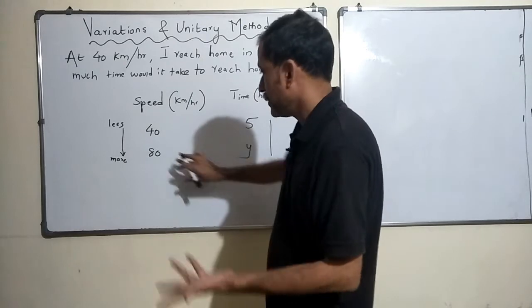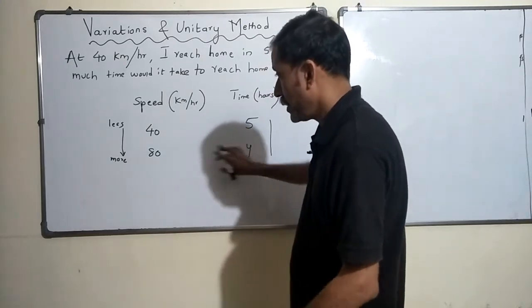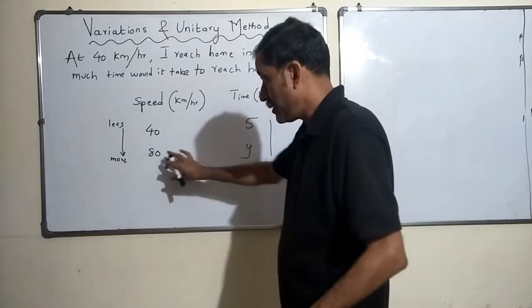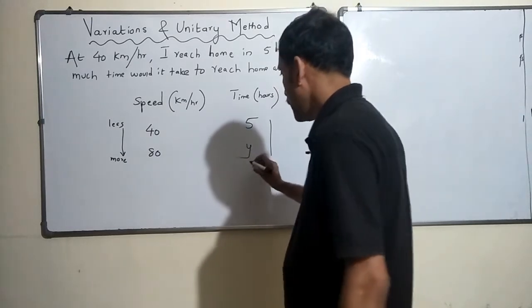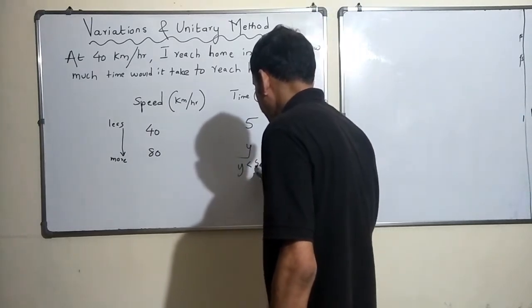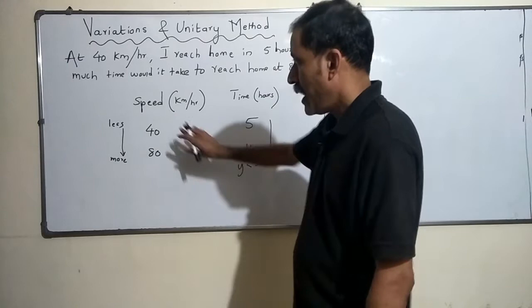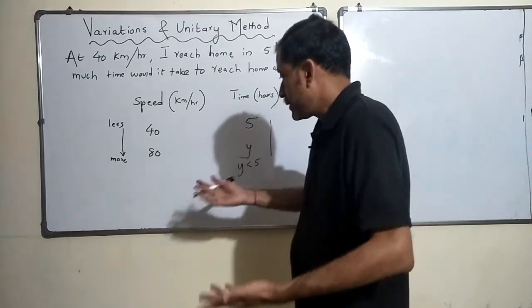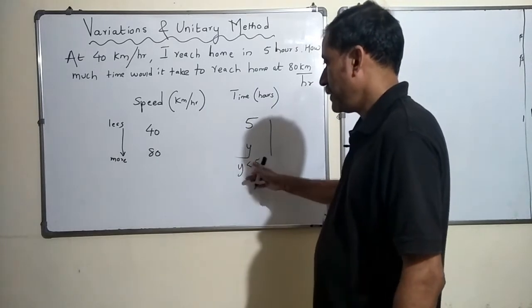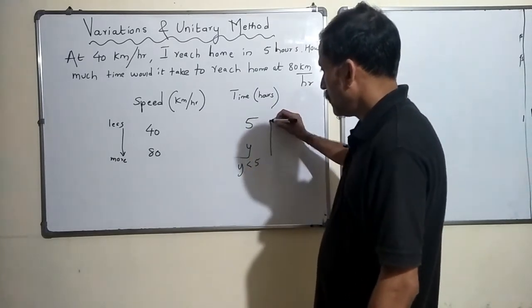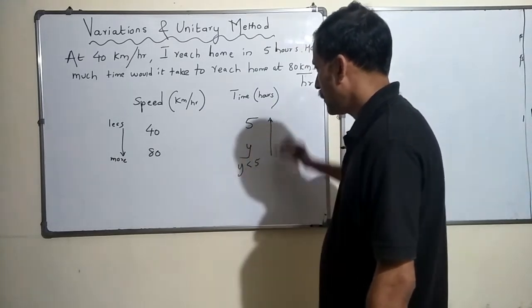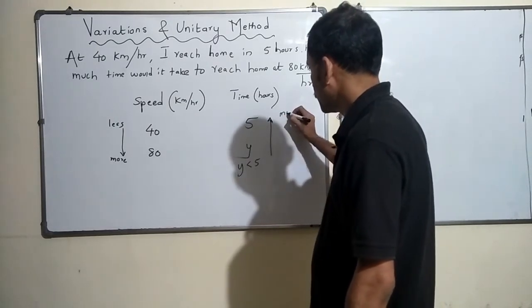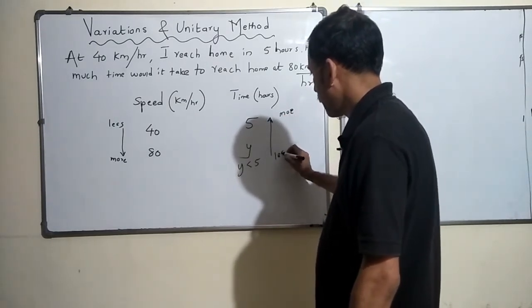If I drive faster, definitely I will require less time. So y will be less than 5. At 80, I am faster, I will reach home faster. So the arrowhead points here. This is more and this is less.